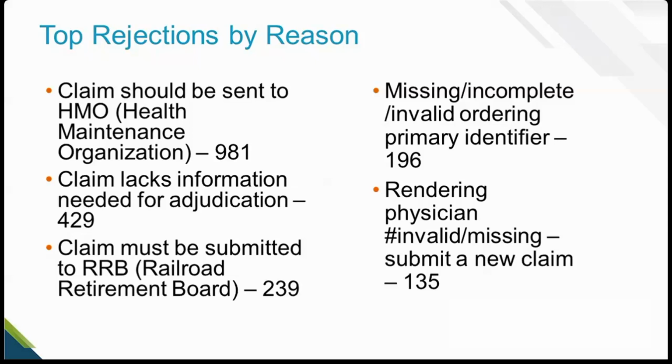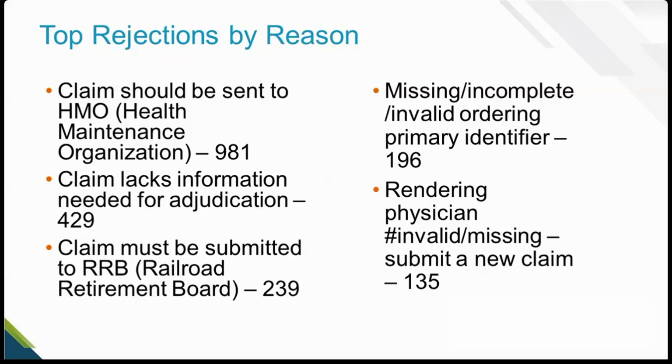The next common rejection of the data I pulled, 239 claims rejected because the claim must be submitted to the Railroad Retirement Board. That is another contractor. It is Palmetto that processes claims for Railroad Retirement Board Medicare enrollees.